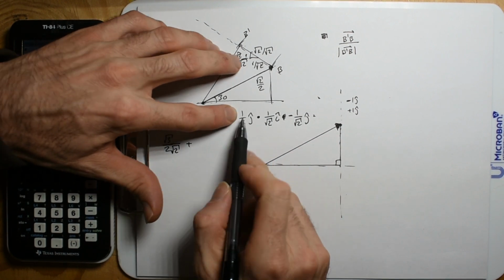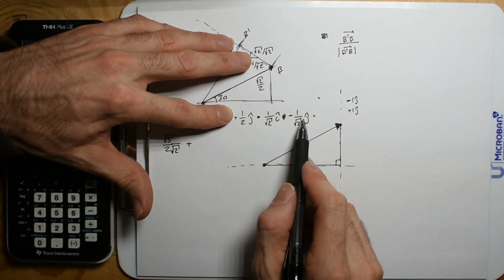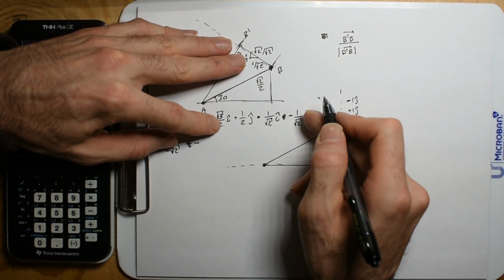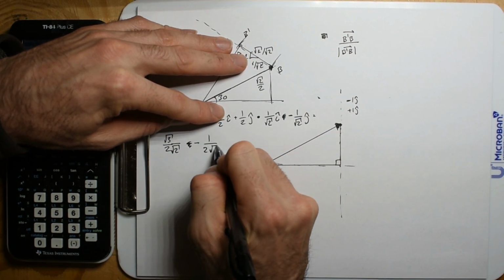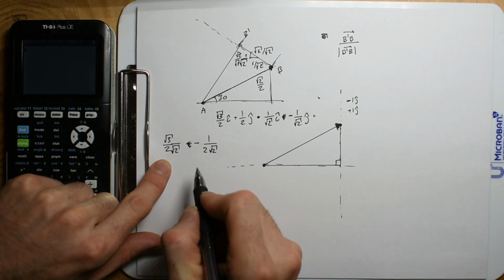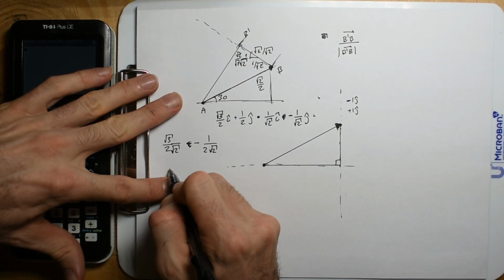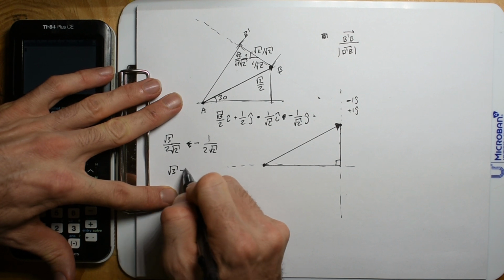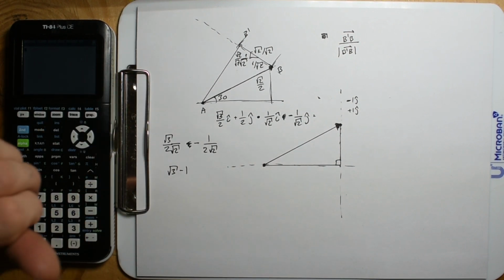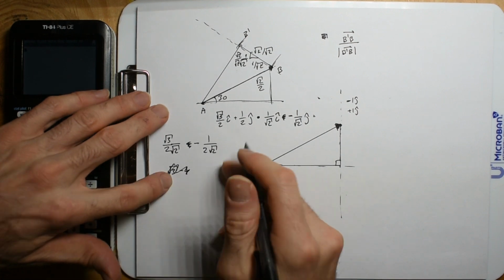And then we're going to add it to 1/2 times negative, so I'm just going to subtract 1 divided by 2 square root 2. The denominators are the same, so I can say that this is going to be the square root of 3 minus 1. Well, I should probably rationalize before I do that.